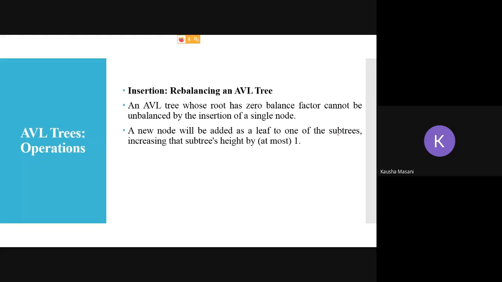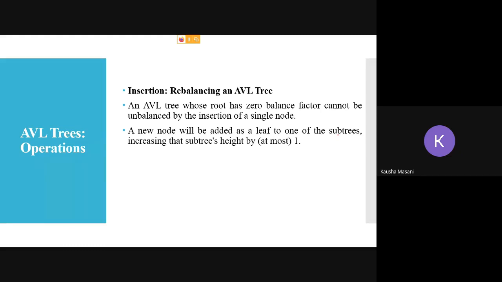So where exactly are you placing your new node? At the leaf. The new node will be added as a leaf to one of the subtrees, increasing the subtree height by at most 1. Obviously, you are adding a node, so the height increases because you are increasing the level. Previously, if the nodes were at level 2, now the new node is the leaf and will be at level 3.